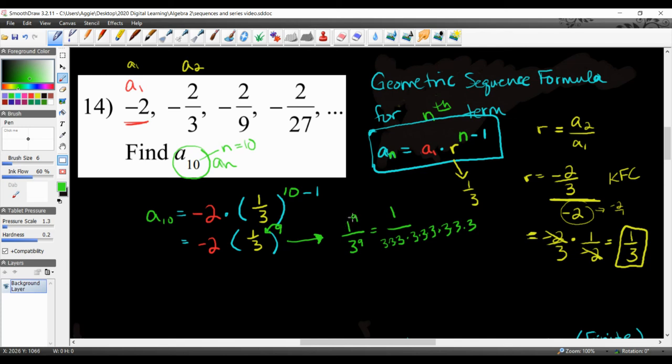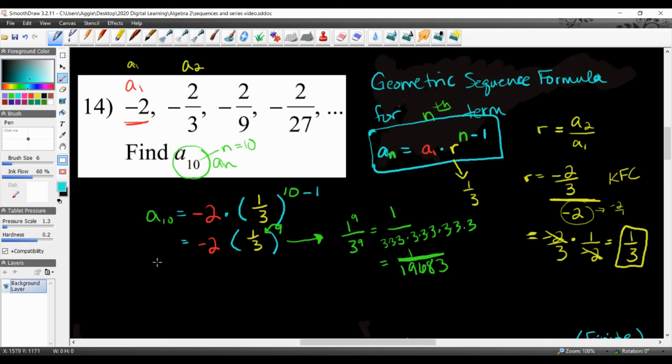I did work this one out before because I knew it was going to give us a really big number. So this gave me 1 over 19,683. Okay, so a huge number. Leave it as a fraction. Don't use a decimal, because it's way too small. So now we're going to rewrite this.